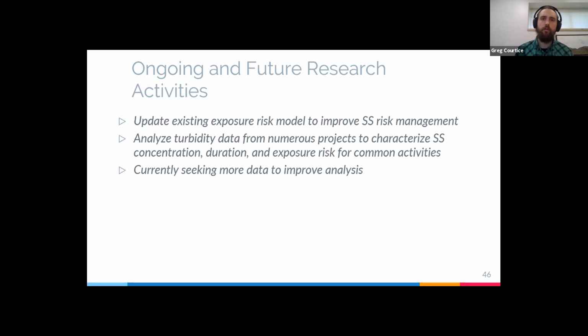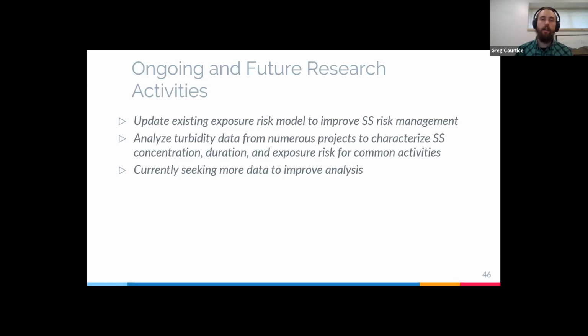And from there, I'm going to use those to analyze a bunch of turbidity data on the Bow River and various tributaries to better characterize the releases from these projects and the expected exposure risk from common activities, to compare which type of approach to a project is best given its site characteristics and the scope of work.